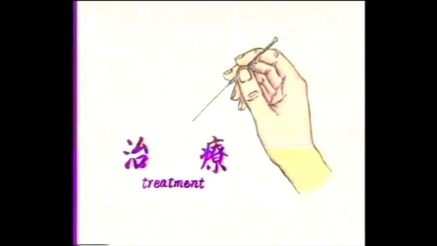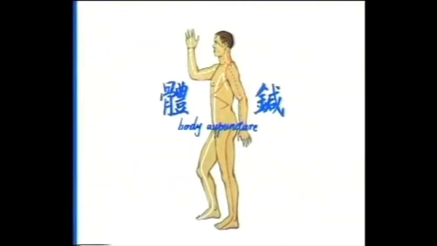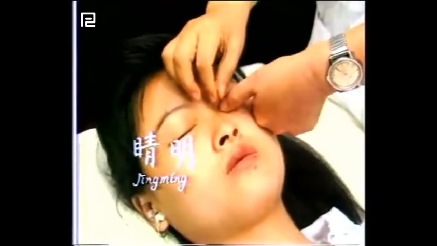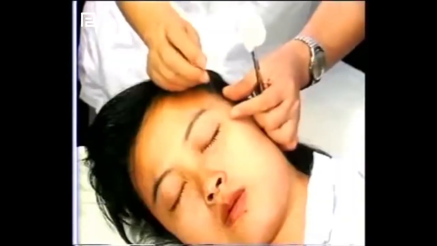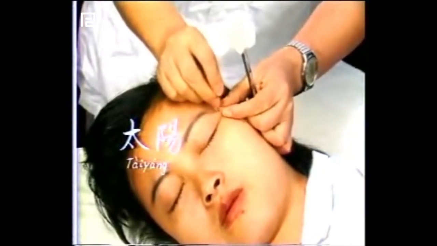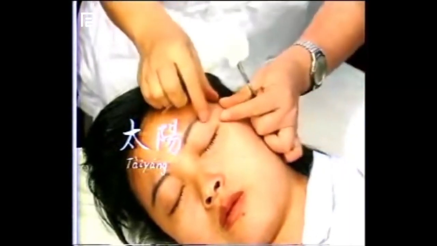Treatment. Body acupuncture. Select Jingming, puncture 0.3 to 0.5 cun perpendicularly. Select Taiyang for bloodletting to dispel heat and relieve swelling.